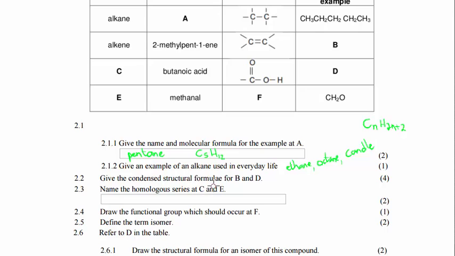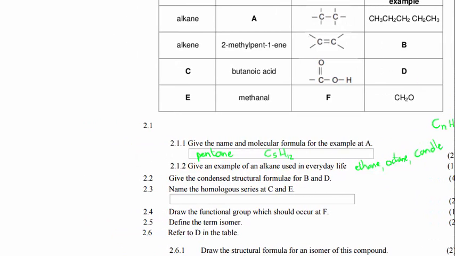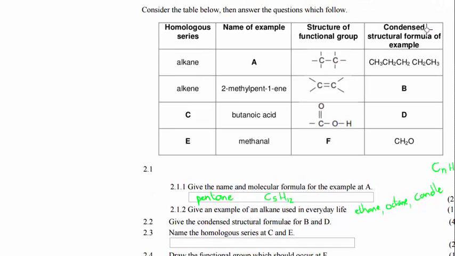Give the condensed structural formula for B and D. Okay. So condensed structural formula at B and D, this is now this structure. So we have 2-methyl-pentene. So after my second carbon, I must have a methyl, which is a branch. So I have one carbon.